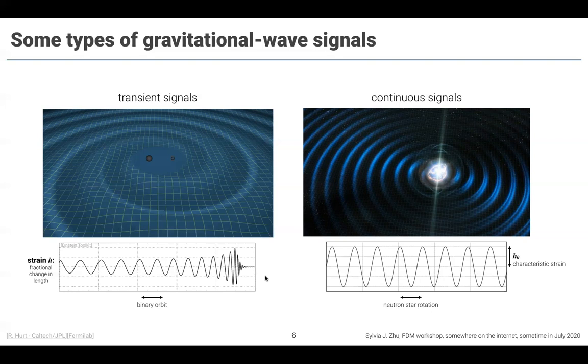And then when you have this type of system, you have continuous gravitational waves, because this neutron star is existing for a very long time. The frequency is very steady, so it's at a single frequency because it's just rotating very steadily. And the frequency depends on how fast it's rotating.